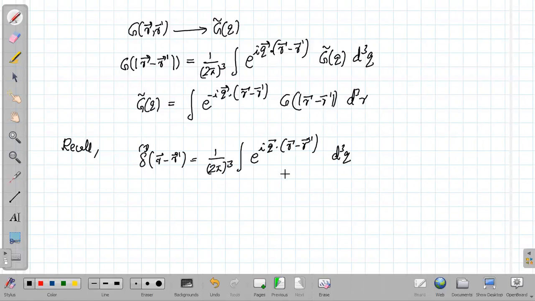This is the integral representation of the Dirac delta function. There are many representations for the Dirac delta, and this is one of them, which you might have studied in your mathematical physics.